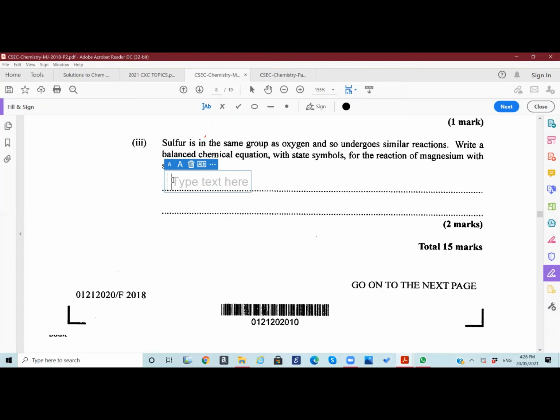In this case now, we're using magnesium metal plus sulfur, going to give us MgS, which is magnesium sulfide. So as you notice, this reaction is already balanced.